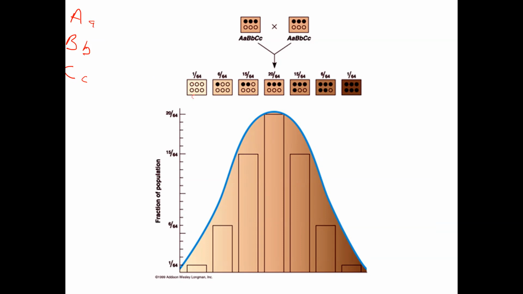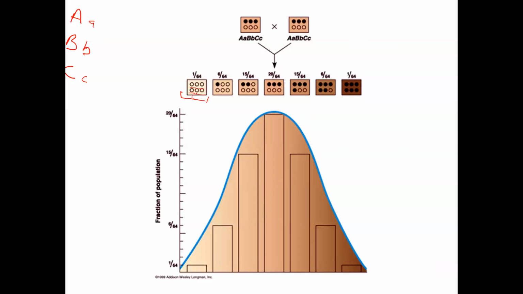So, for example, here on the light end of the spectrum, out of 64 combinations, this person here has one dark gene. Okay? So 1 out of 64 dark genes. Therefore, remember, the more recessive genes you have, the lighter your skin is.